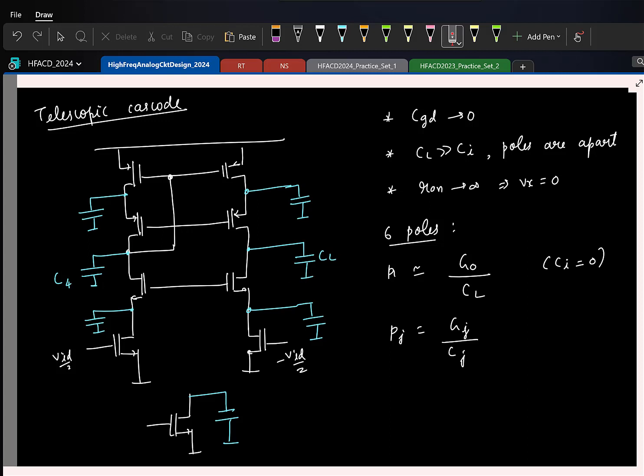So that itself breaks symmetry. Because all the capacitors here are parasitic capacitors, but this one also includes the load capacitor that the OTA is driving. Okay. So even when you try to find the common mode transfer function, you can't use any symmetry arguments because this load capacitor kind of makes it asymmetrical. Okay.